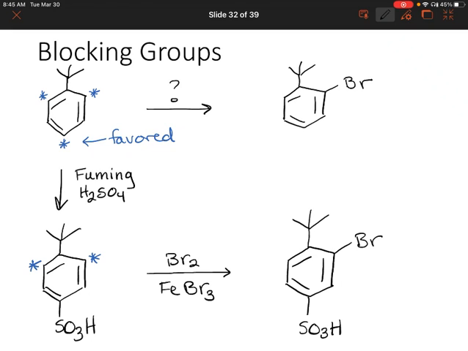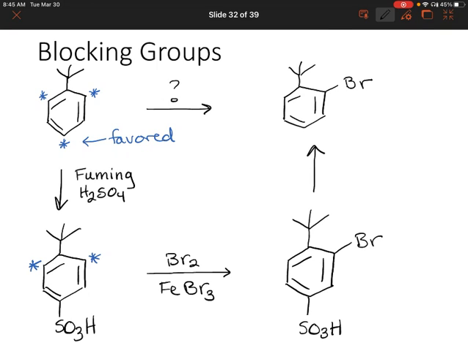And then we need to remove that sulfur group. So remember when we talked about sulfonation last week, we said that it's a reversible process and it just kind of depends on the concentration of the acid. So if you want to add that sulfur group, you use fuming sulfuric acid.